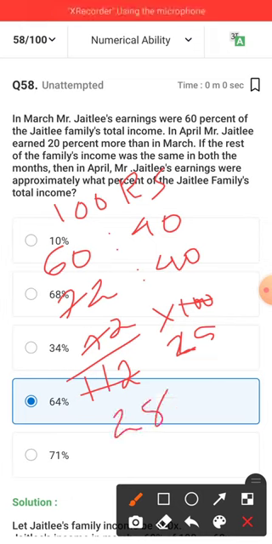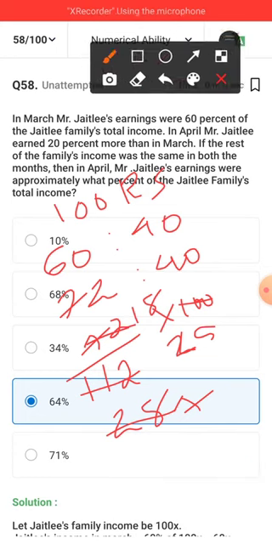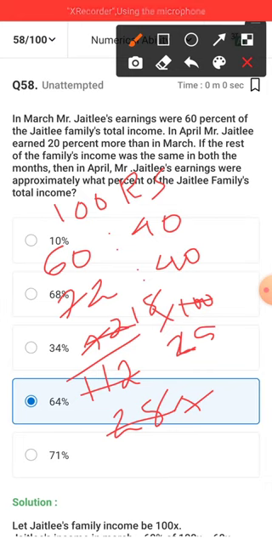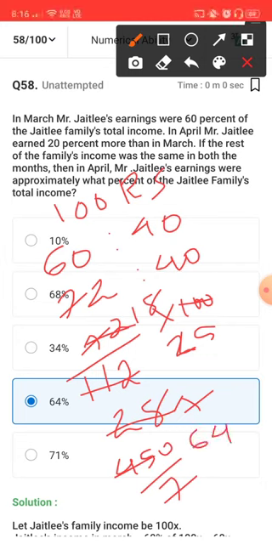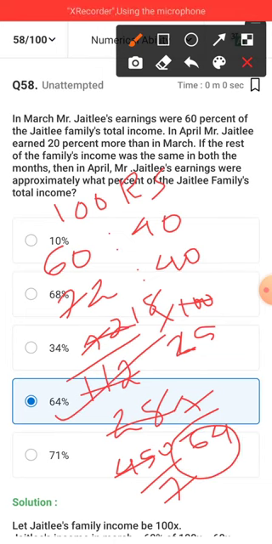We cut this, we get 18, and this is 7. 18 into 25 is simple, that is 450. 450 by 7. What is 450 by 7? 6, 7 are 42, 30, 4, 7 are 28. So 64 approximately.